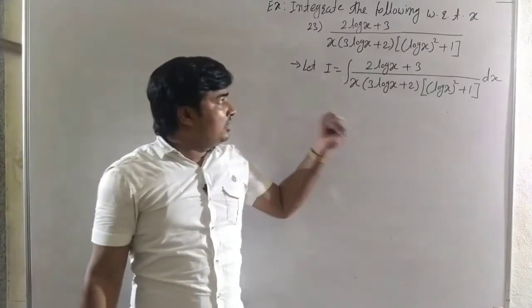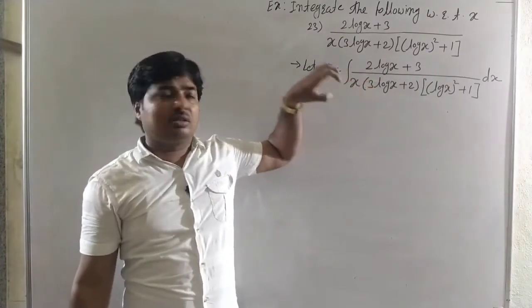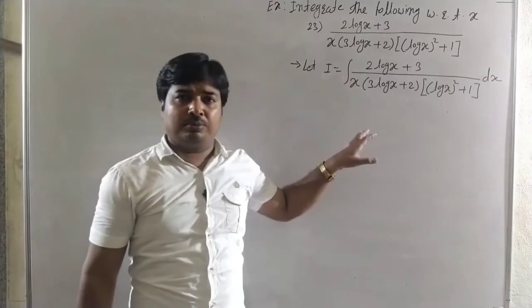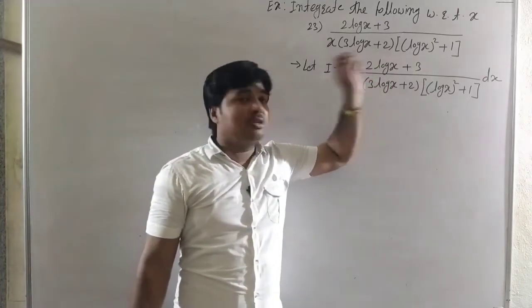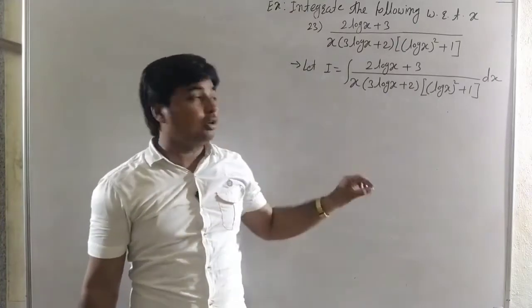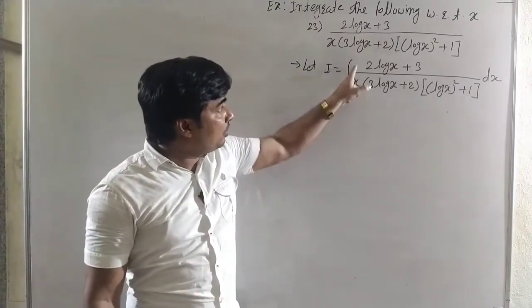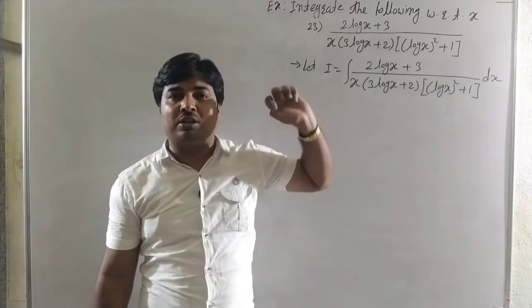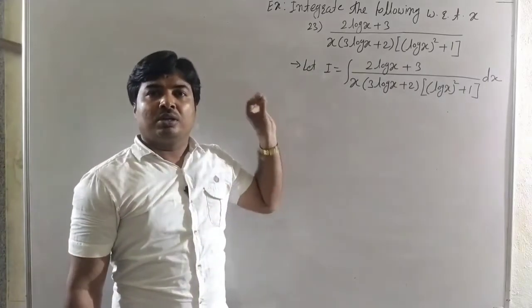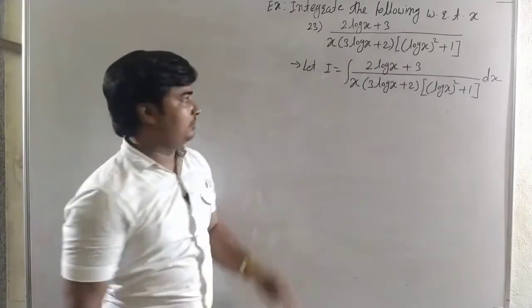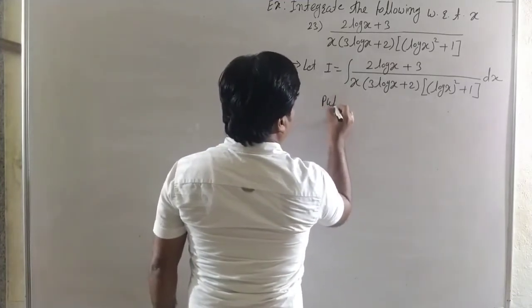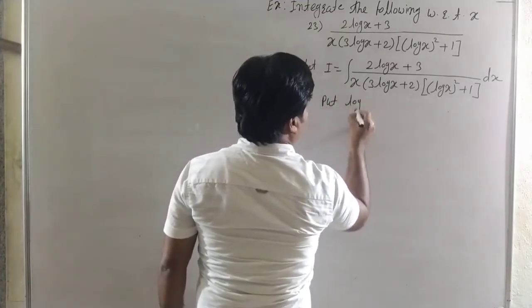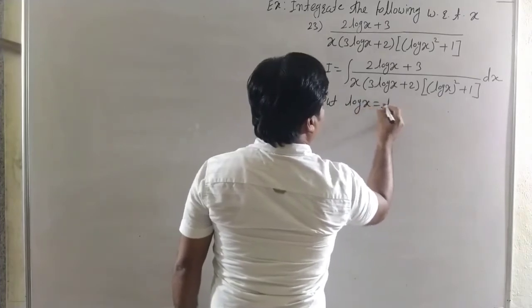Now here see carefully, this integral is not in our type. Here there is the function log x, and the derivative of log x is 1 by x, and 1 by x is in the multiple of dx. So here we put log x is equal to t.